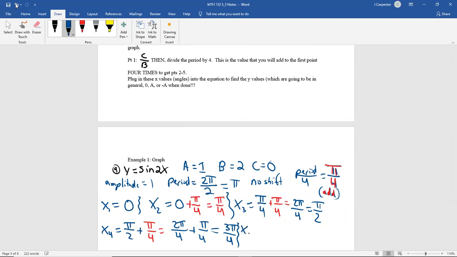Finally, for the fifth point, we take the previous one of 3 pi over 4, and we add the period over 4 again, which was pi over 4. 3 plus 1 is 4, so that's 4 pi over 4, which is pi.